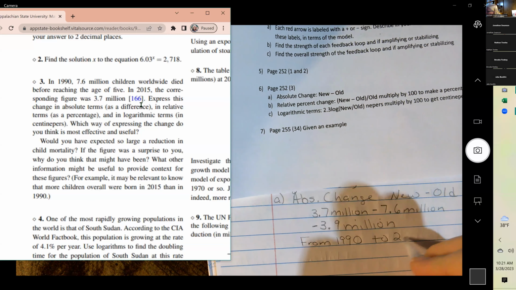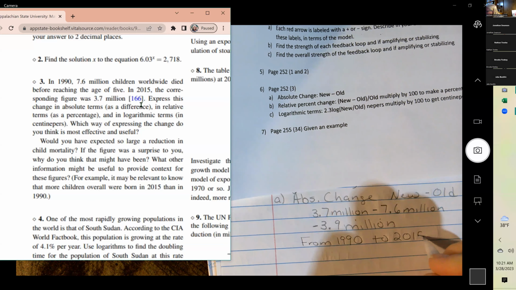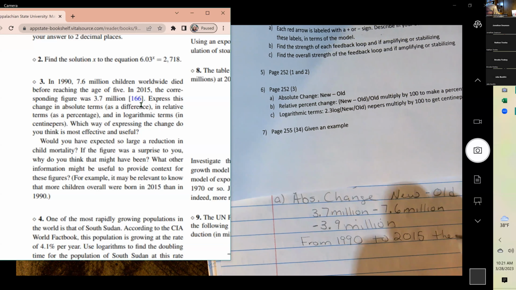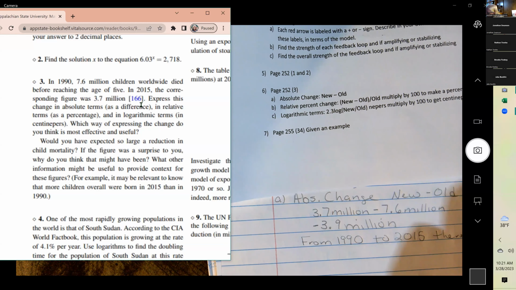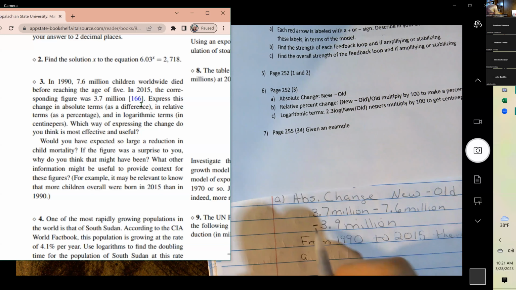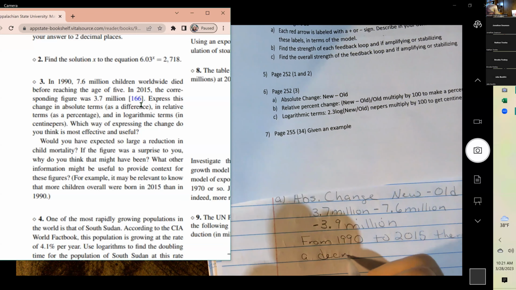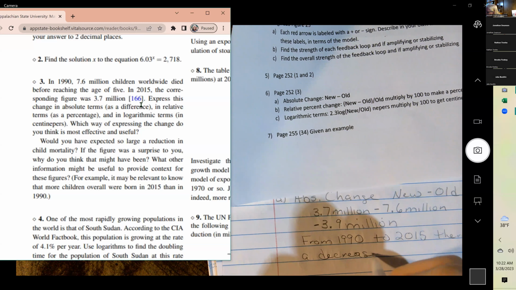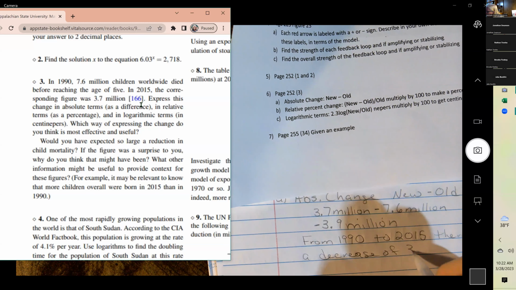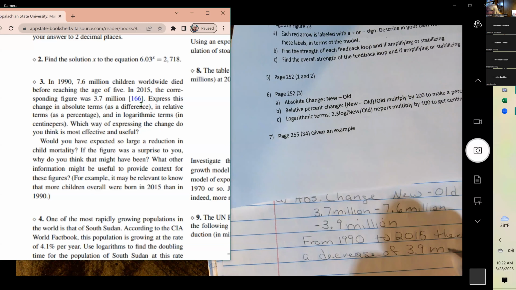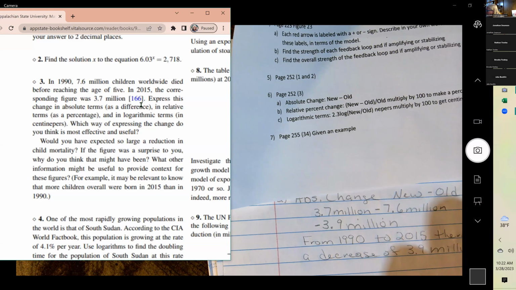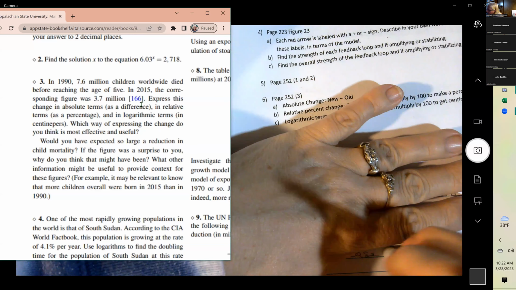From 1990 to 2015, there was a decrease, because it's negative, of 3.9 million decrease in deaths.